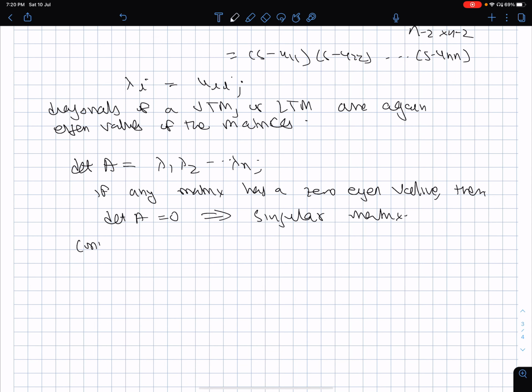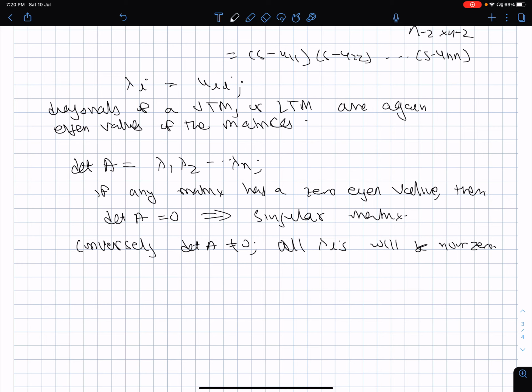Conversely, if the determinant of A is not equal to 0, which is a non-singular matrix, all lambda i's will be non-zero.